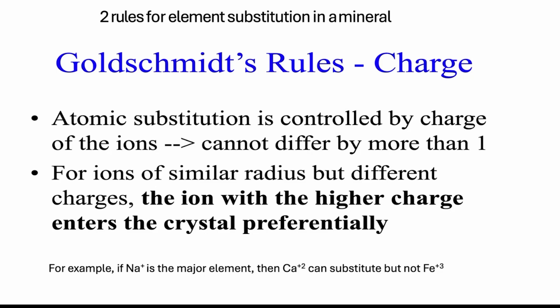And for ions of similar radius but different charges, the ion with the higher charge enters the crystal preferentially. For example, if sodium is the major element, let's say in a feldspar, then calcium +2 can substitute, but not iron +3.